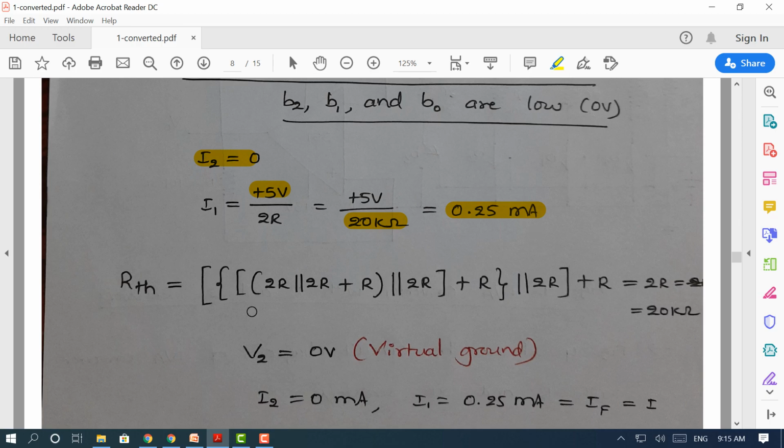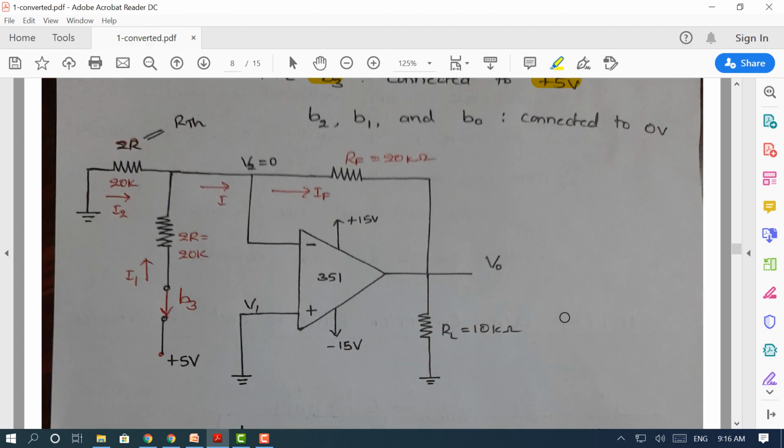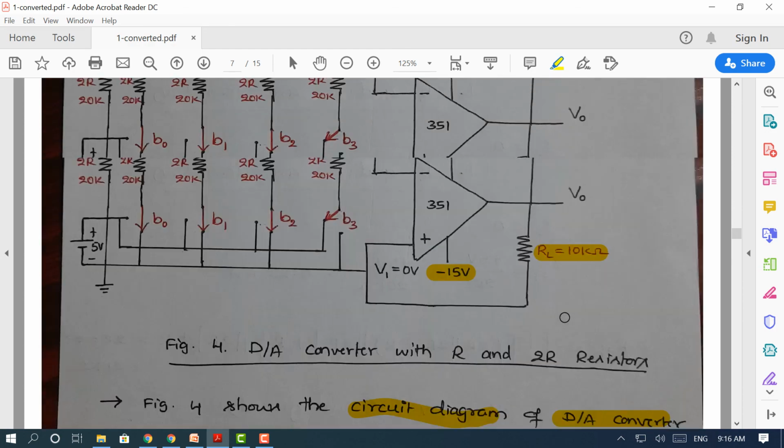As I was mentioning, the equivalent resistor value can be called Thevenin's resistance. The value can be calculated as follows. I will go back to the circuit and explain how this Thevenin resistance can be calculated.